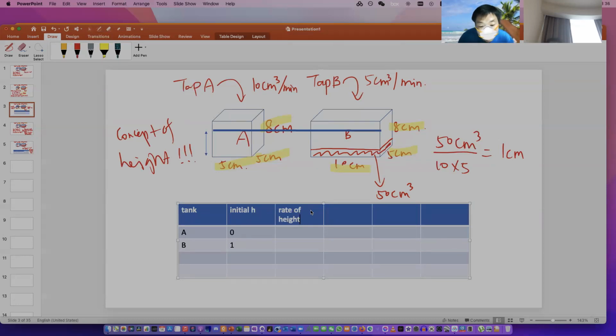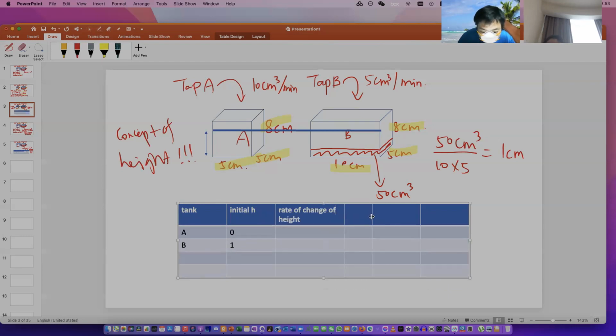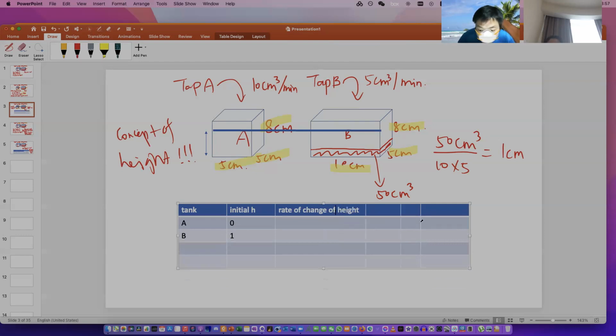That means how fast the height changes. To be more precise, it is rate of change of height. Do you understand why I put rate of change of height in this case?